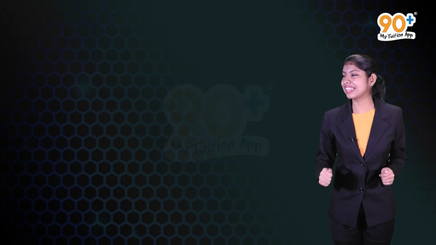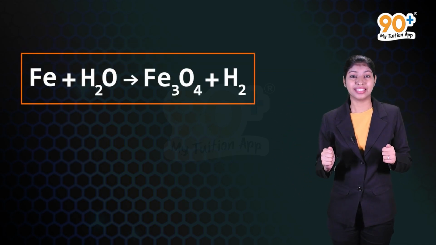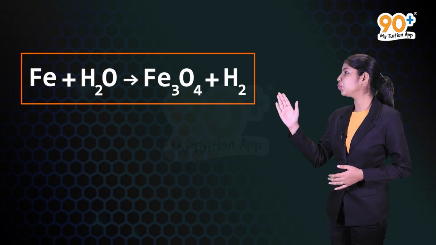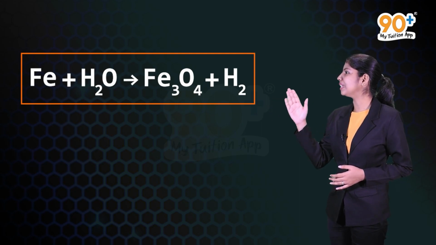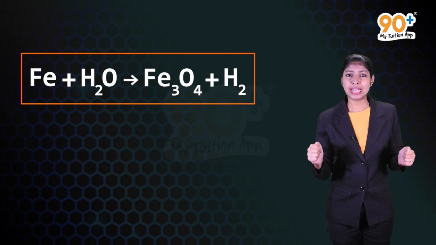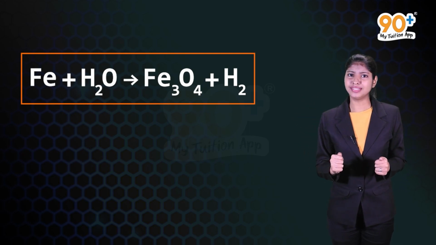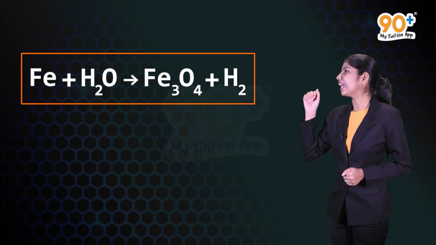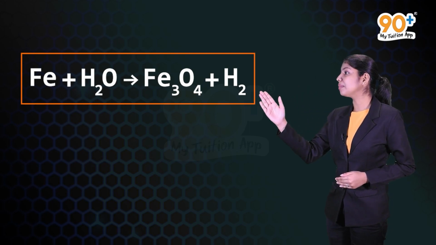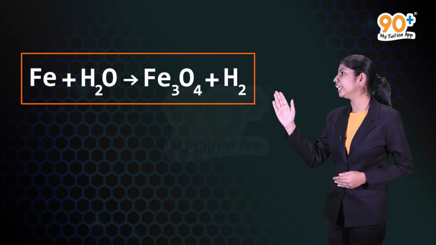For that, let's consider this equation. That is, Fe plus H2O gives Fe3O4 plus H2. So you tell me, is this a balanced one? No, right? We can say that the number of atoms on both sides is not equal.